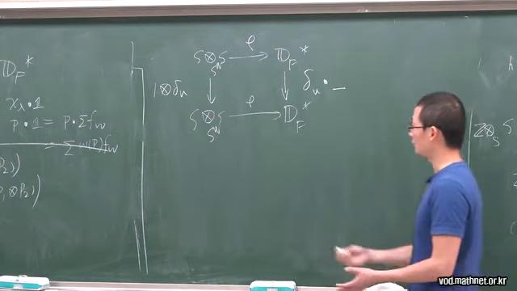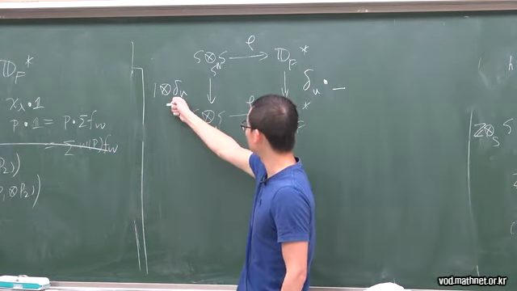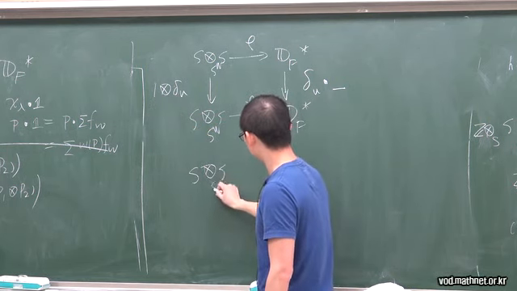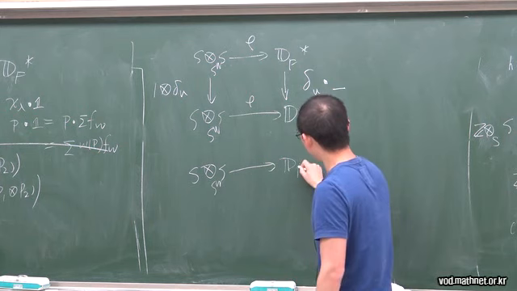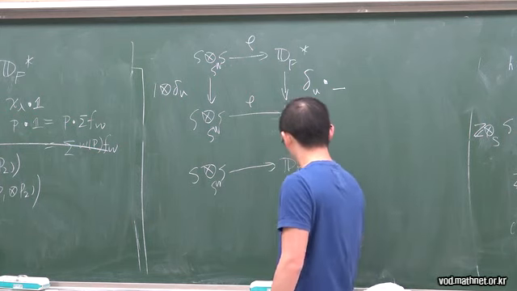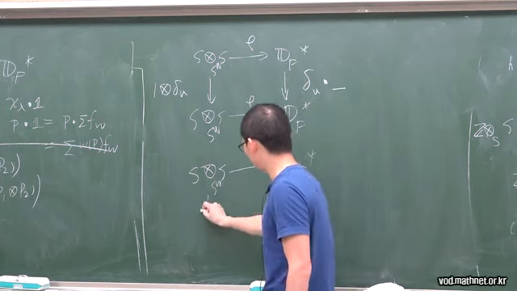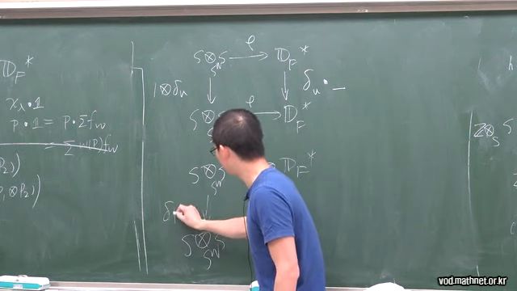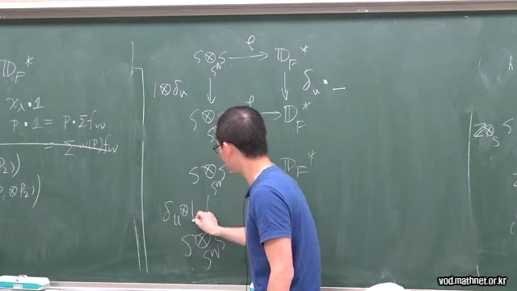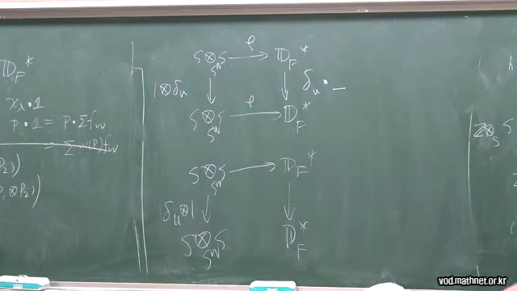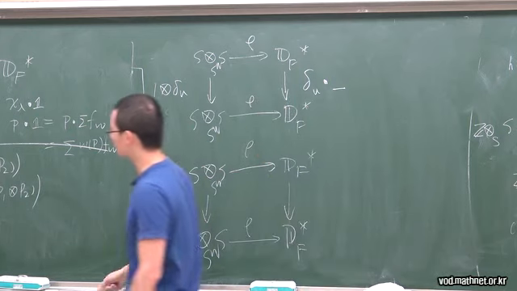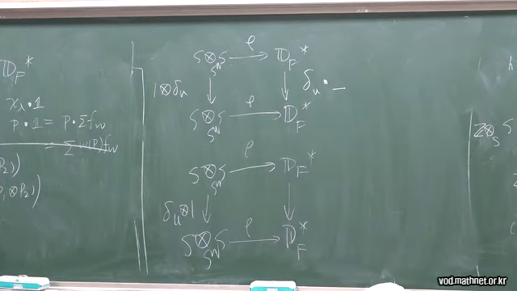Okay? Now you may wonder, what if you replace this by delta U tensor 1? The same diagram, except on the left hand side, the left vertical map is replaced by delta U tensor 1. Now, of course, in this case, delta U applies on the first component, and the first component by this rho can be raised.